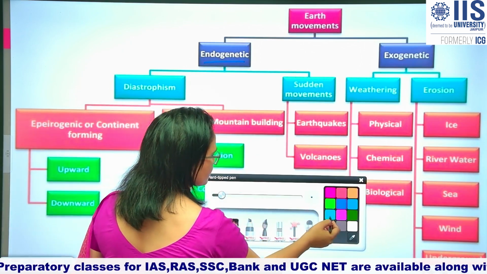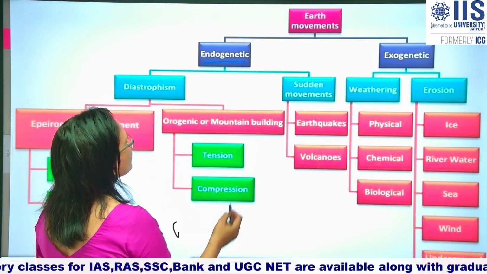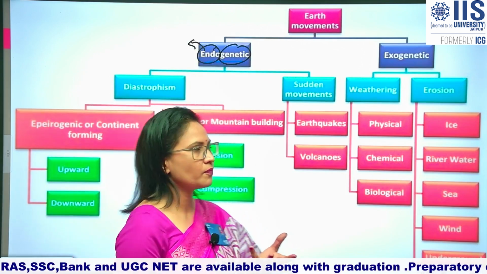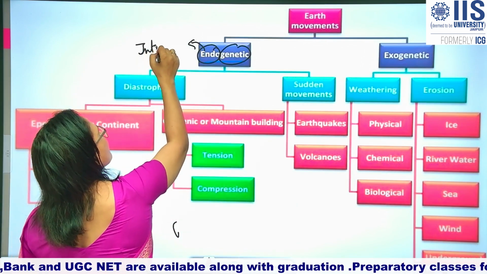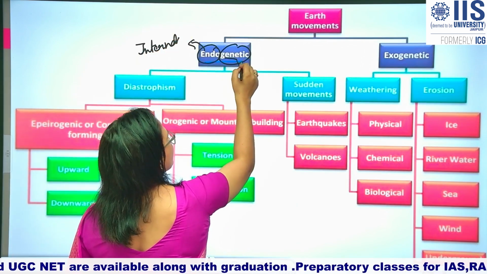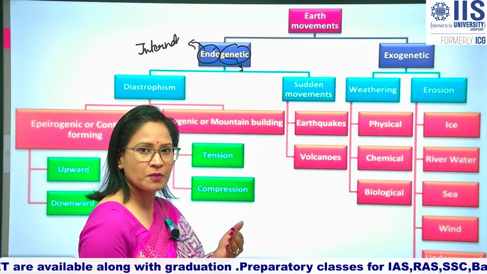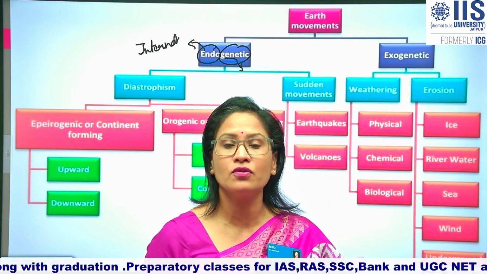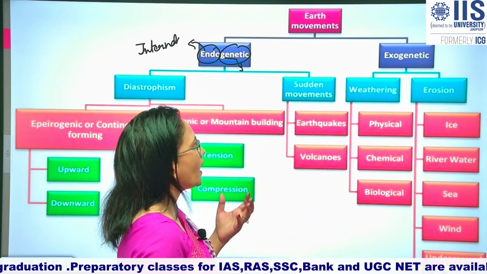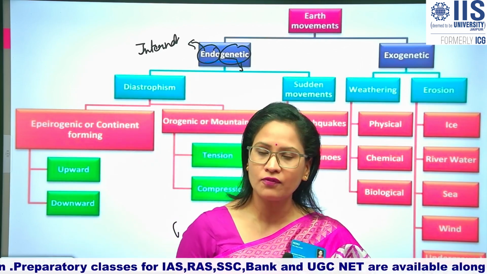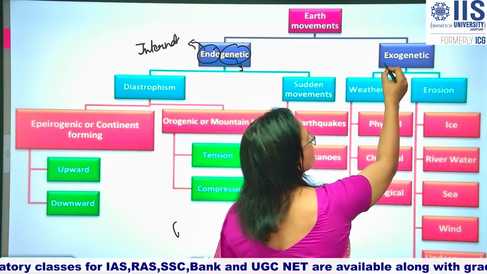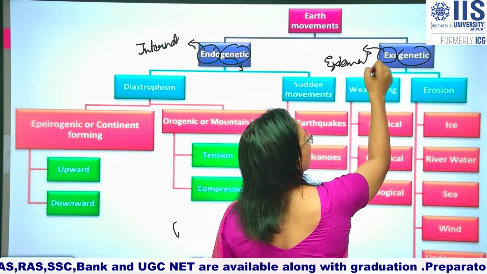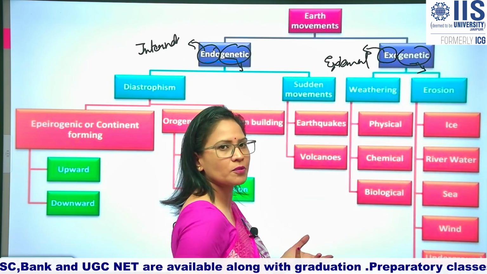Endo means internal, and genetic comes from genesis, that means formation. So forces generated from inside the earth are known as endogenic forces, and sometimes forces work externally from the earth. These are known as exogenic. Exo means external, and genetic comes from genesis, formation.